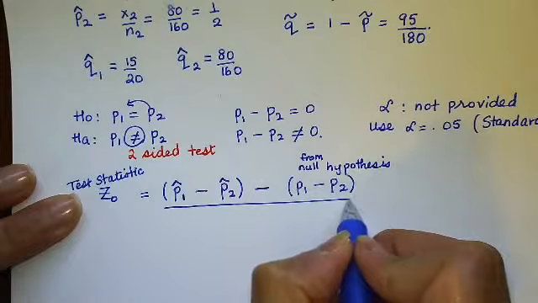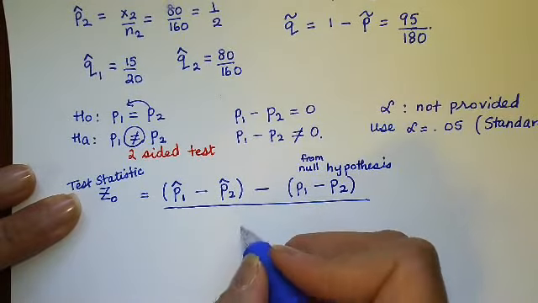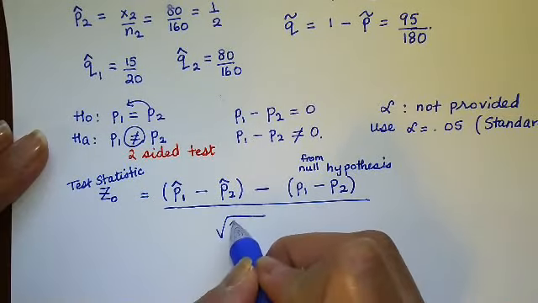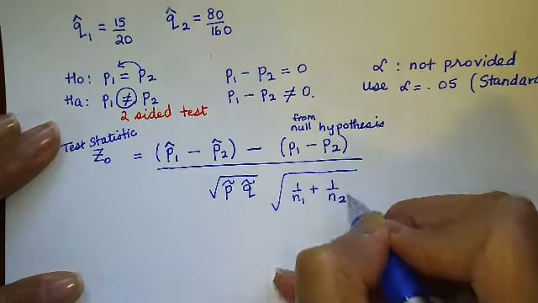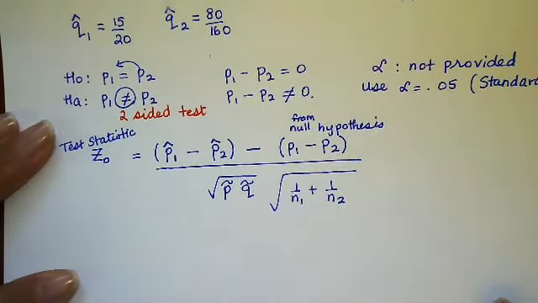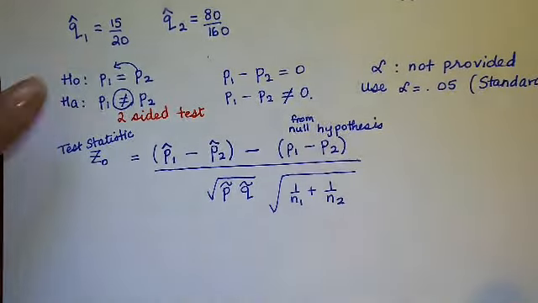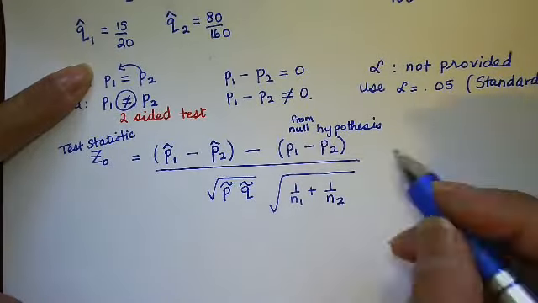So in my case today, this would be 0, divided by radical P tilde Q tilde radical 1 over n1 plus 1 over n2. I'm going to show you in detail how I arrived at these.